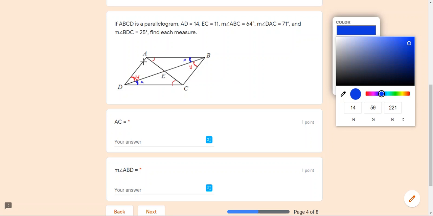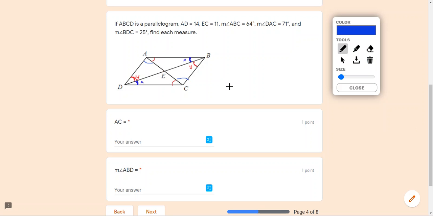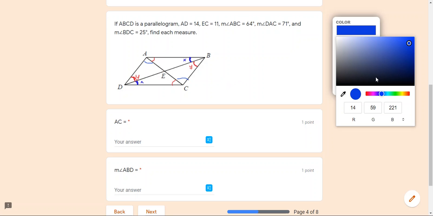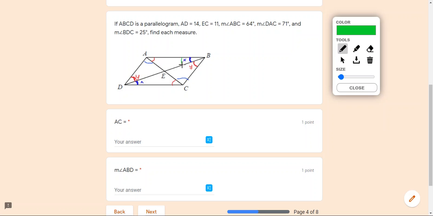So on both diagonals, you have alternate interior angle pairs. Also, the entire angle is going to be congruent to its opposite entire angle. So directly opposite of each other, the large angle, the entire angle B and entire angle D are congruent. Entire angle A would be congruent to entire angle C. And then on the interior angles, alternate interior angles are congruent inside. Okay, so keep those relationships in mind.